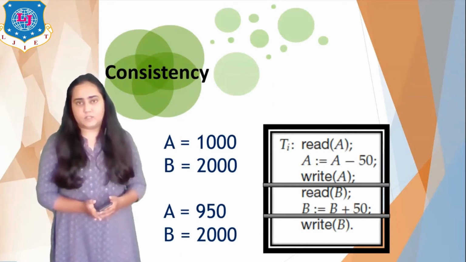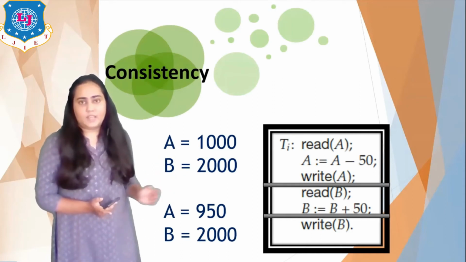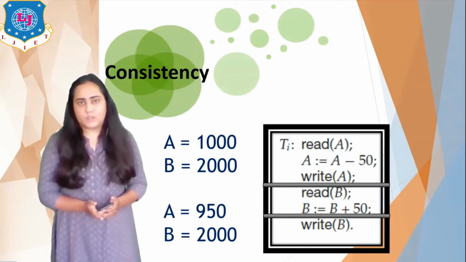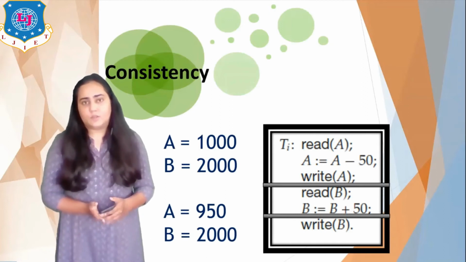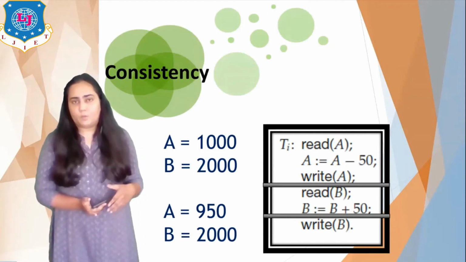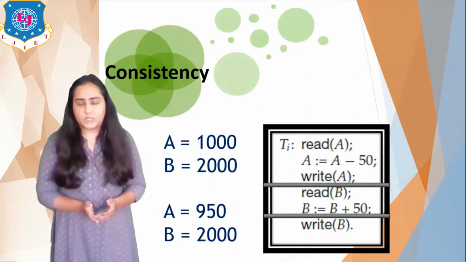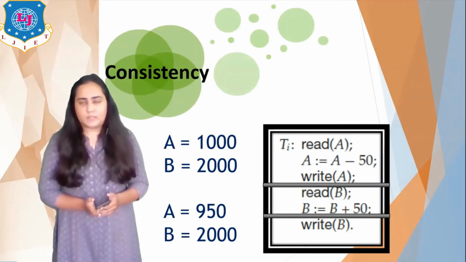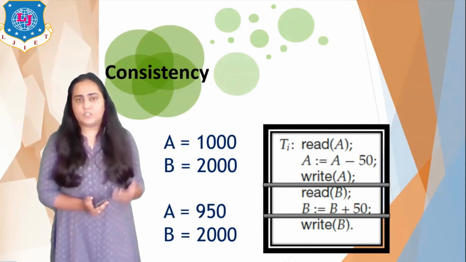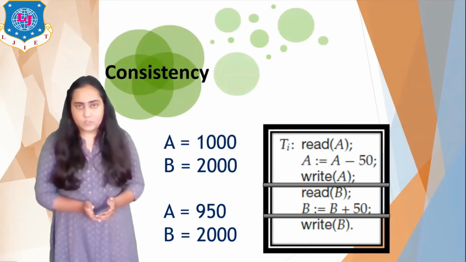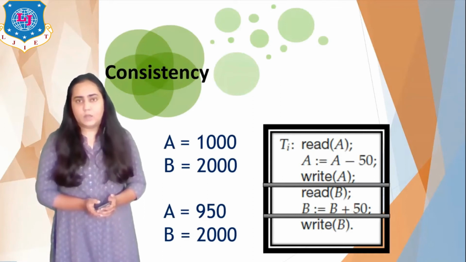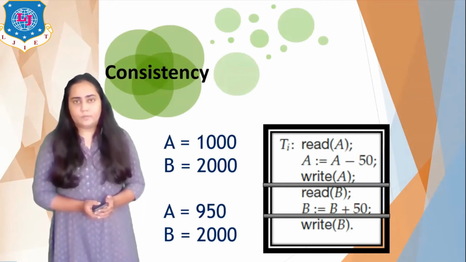In the first case, it is 3000, and in the second case, it is 2950, which is 50 less, which means somebody lost some money. So this is the case of incorrect data in the database. And to prevent this, of course, you need to follow atomicity, and you need to take care of concurrent transactions, which, as I mentioned, we are going to see in one of the later videos.